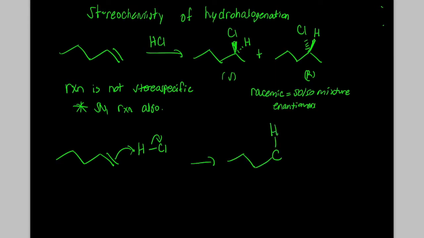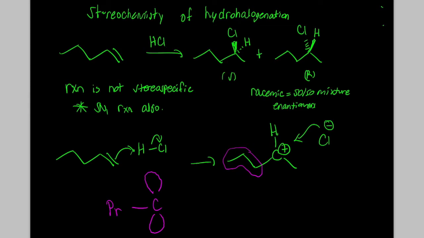Okay? And this carbocation then reacts with chloride, and we need to think carefully about the structure of this carbocation. The carbocation is an sp2 hybridized creature with, in this case, a propyl group, a methyl group, and a hydrogen.